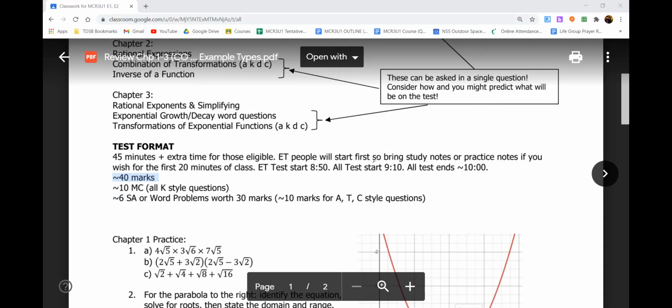Other things you might want to consider. Oh, cheat sheet. To level the playing field, because there are some virtual learners in my class that are going to be taking this test at home.